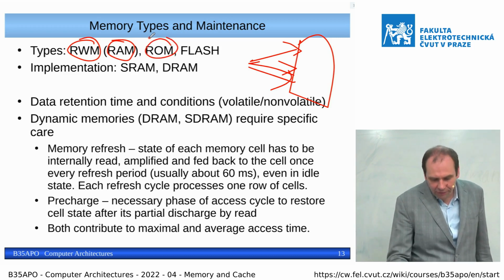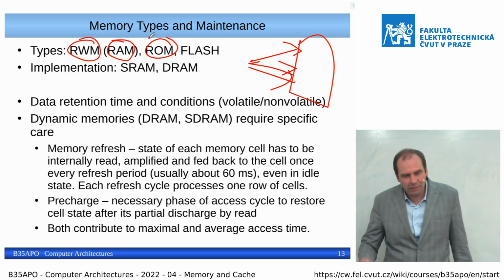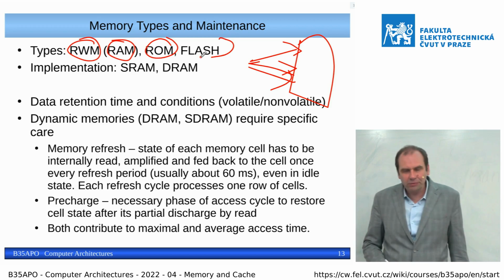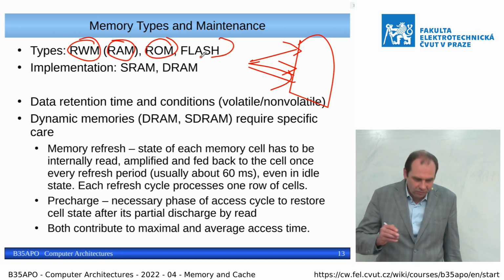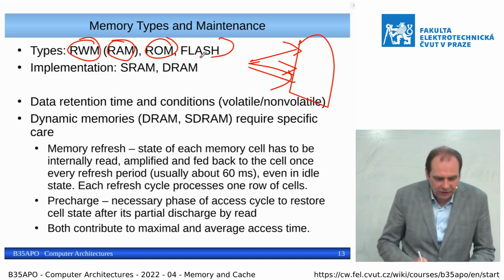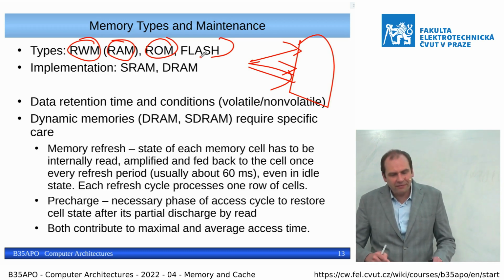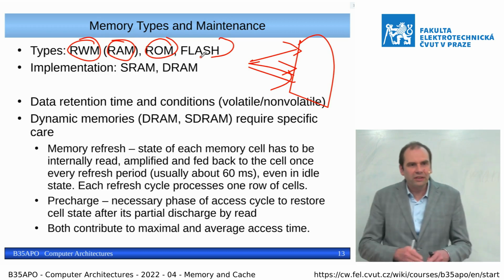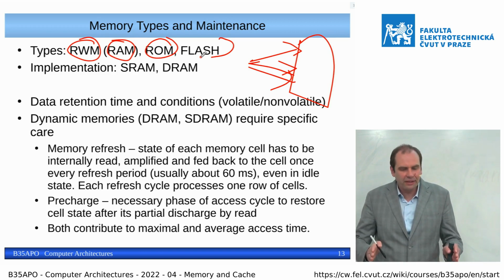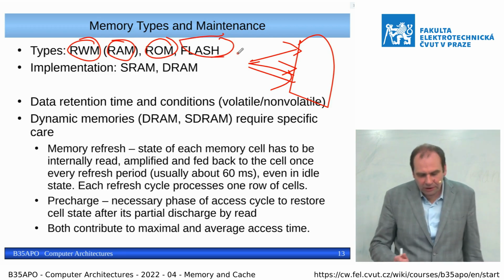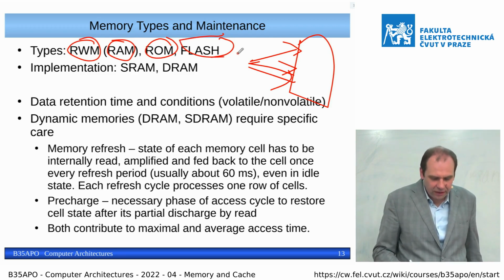We can have a ROM memory, which is read-only memory. Then we can have a flash memory, where flash allows us to store data by words or by some blocks, but has a problem that when we want to store new data, and there are already data stored, we need to erase a relatively big area of that memory; it is not possible to erase a single individual cell.